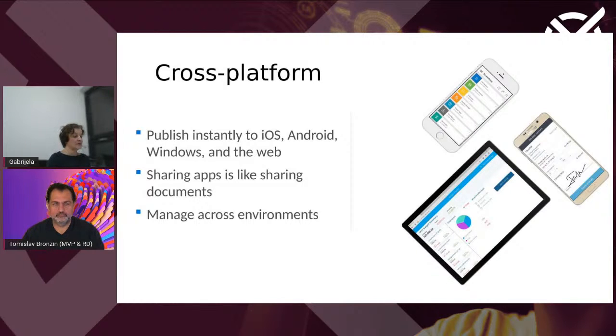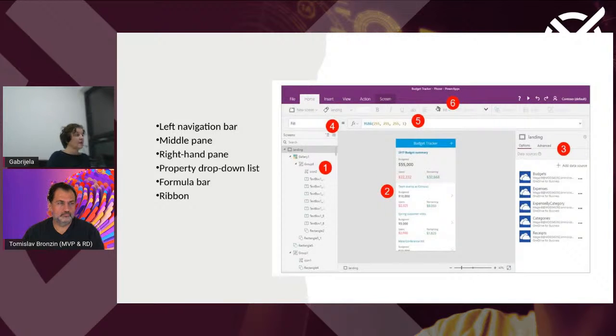How does it look? PowerApp Studio has 3 panes. It looks like this. It's, I would say, a mixture between PowerPoint and Excel. It has a left navigation bar, which shows a hierarchical view of the app screens and controls and thumbnails.